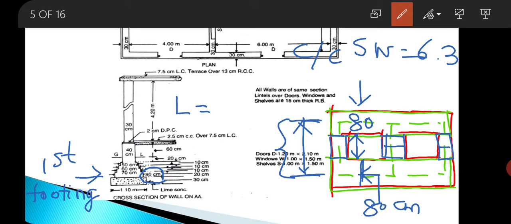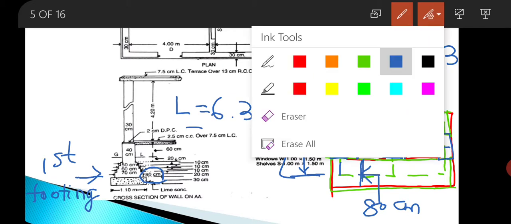So, from the center to center length we subtract this portion on one side and this much portion from the other side, and then we will get the length of the left out portion.